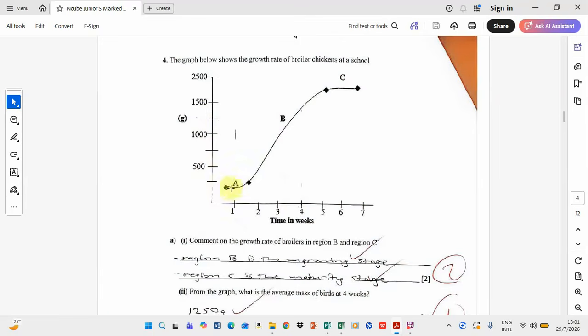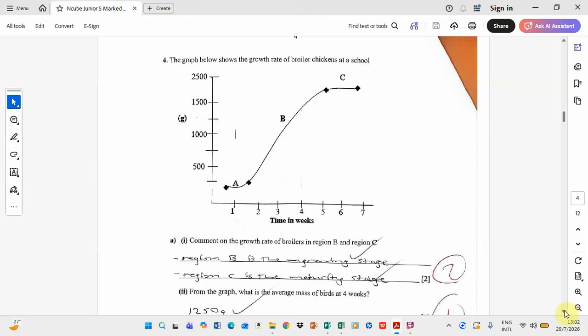Then from here to here, that is region A. You can see that the growth rate was taking place, but it was very slow. And then from here up to here, the growth rate was exponential. It was very fast. And then from this point to this point at region C, the growth rate starts to be stationary, constant, or it stops. So that is the general overview of this graph.